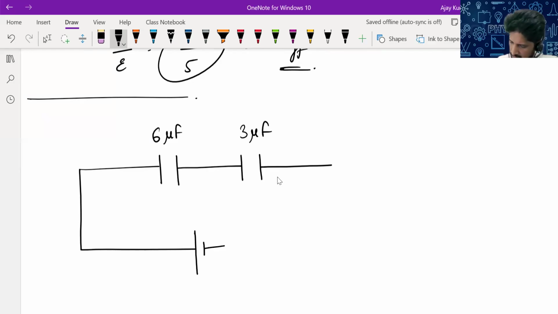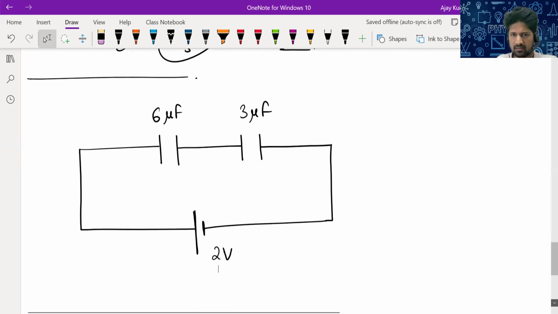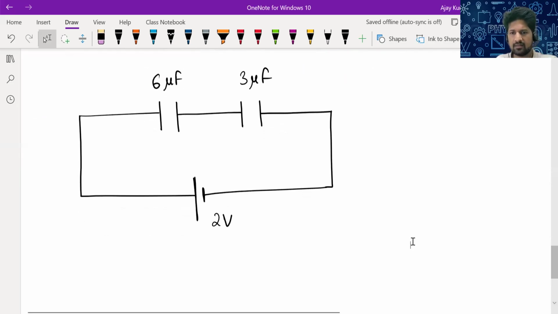Let's say they are connected to a cell. Cell EMF, let's take some 2 volts. Right. A series combination of capacitors connected to a cell. Tell me the charge and energy on each capacitor.